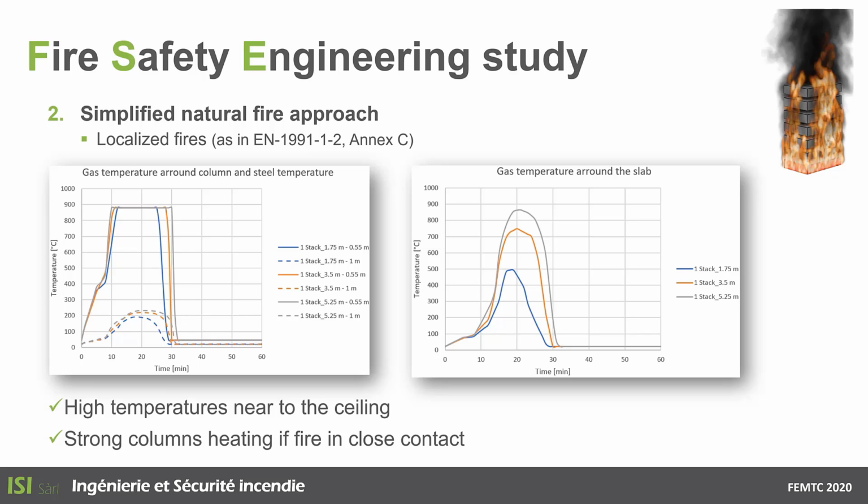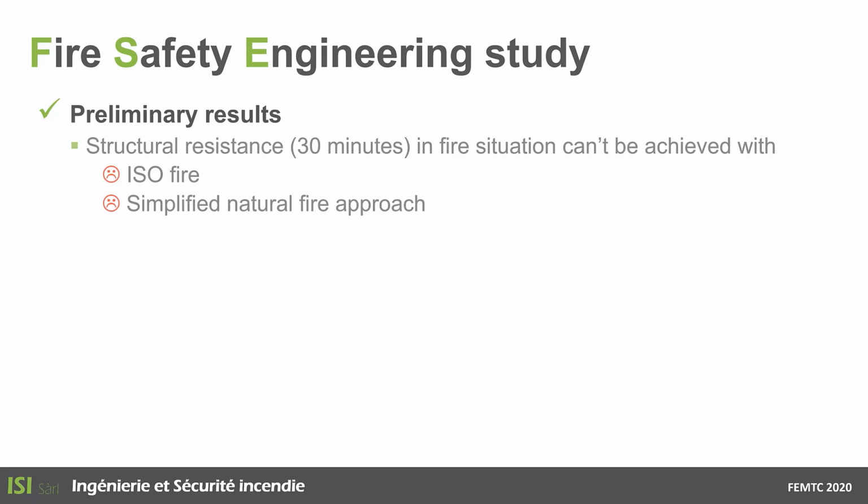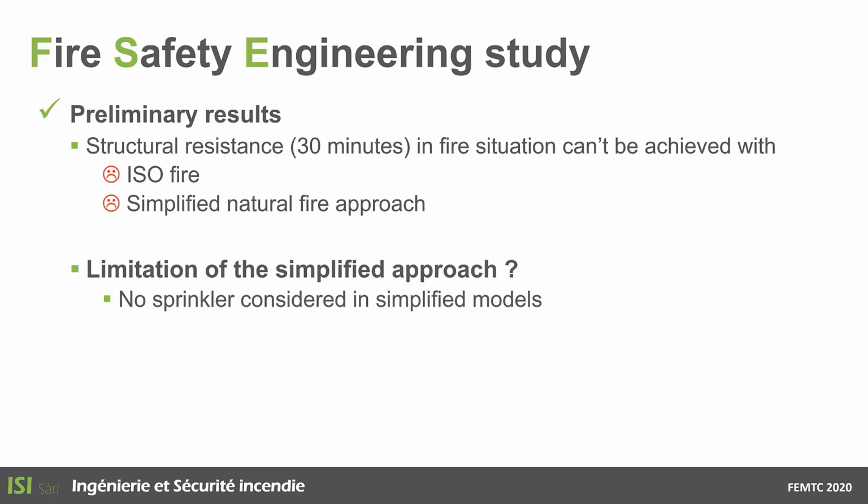The primary result of this study is that the structural resistance of 30 minutes in the fire situation cannot be achieved with ISO fire, nor with the simplified natural fire approach. This is due to the limitation of the simplified approach because no sprinkler is considered in the simplified model.